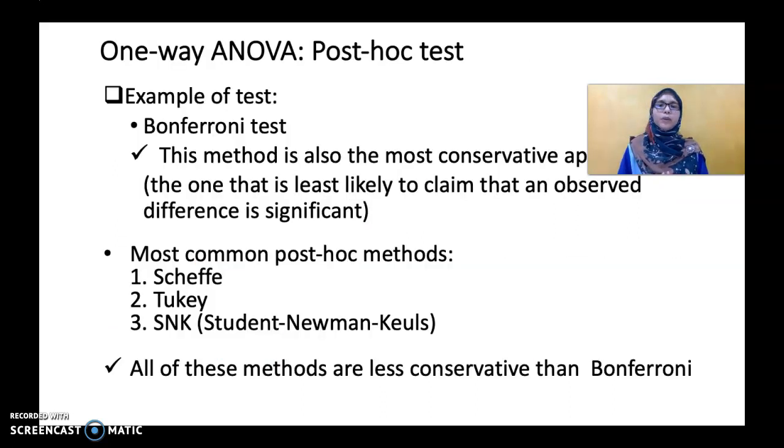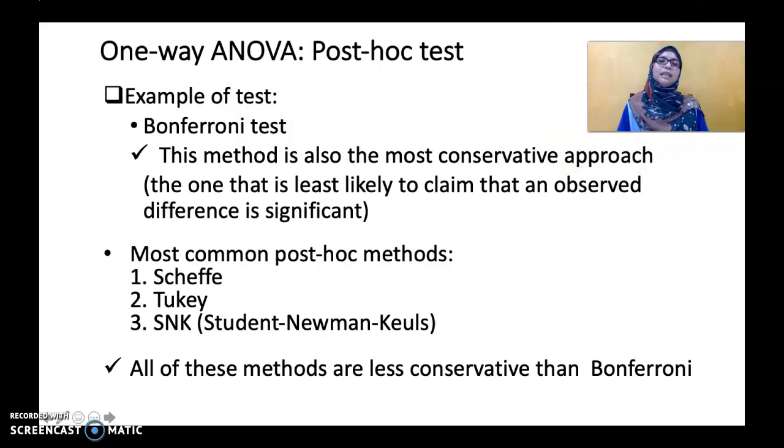One-way ANOVA post hoc tests have many examples of tests that can be done. Examples of tests that you can use for post hoc testing are the Bonferroni test and other post hoc methods, which include Scheffé, Tukey, and SNK, which stands for Student Newman Keuls. So what is the Bonferroni test?